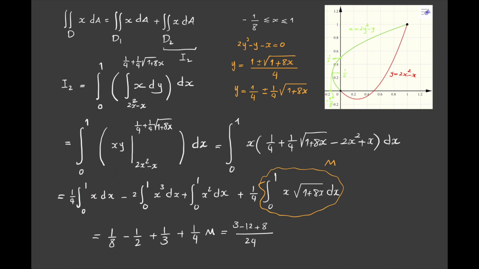So it is just minus 1 over 24. So let me clean this, minus 1 over 24. And then I have plus 1 over 4 m. And I have to calculate the integral m. Okay, so I will take this integral with me to the next page.